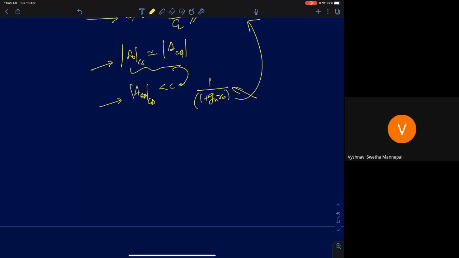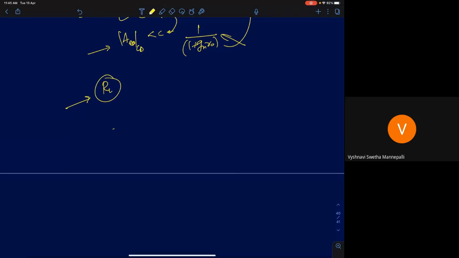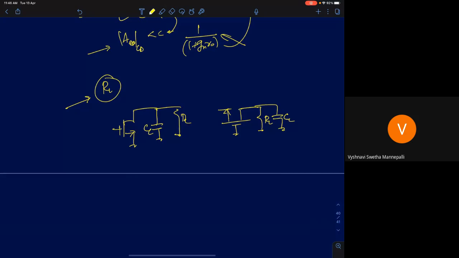Just before we start analyzing it, if I add a load resistance RL, what changes do you anticipate, intuitively, even before you analyze? So I've taken a common source amplifier with a load resistance RL and CL, a common gate amplifier with RL and CL, and the third one is common drain with RL and CL.